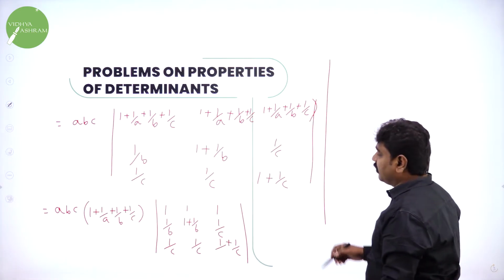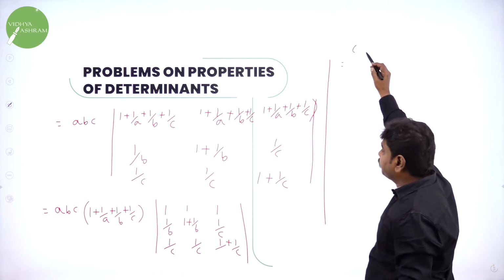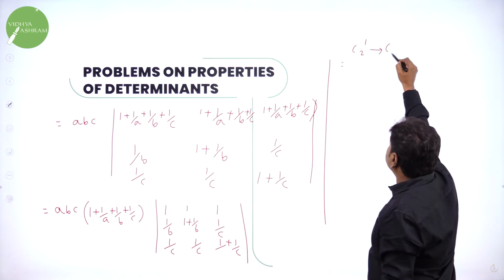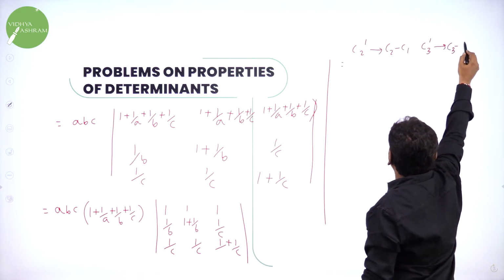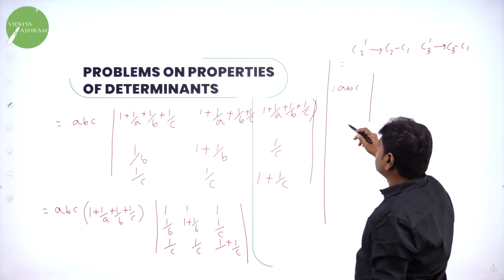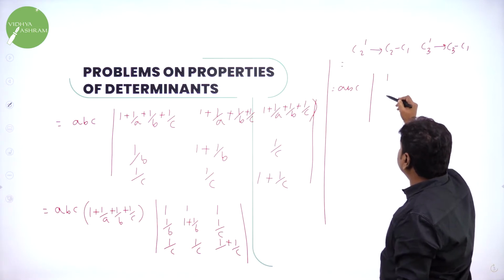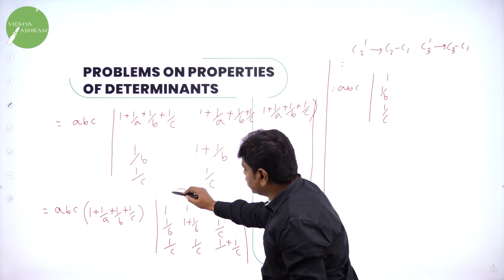So now further, I'll do C2 dash is C2 minus C1 and C3 dash is C3 minus C1. Outside we have ABC, and inside, the first column I am not disturbing: 1, 1 by B, 1 by C. This C2 dash is C2 minus C1.